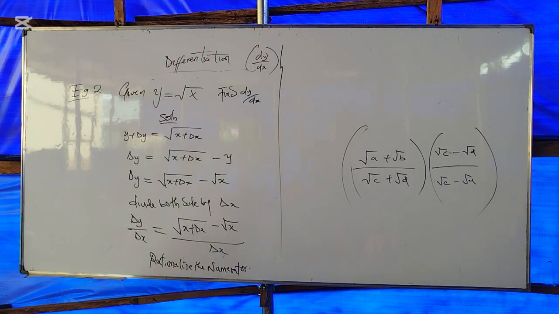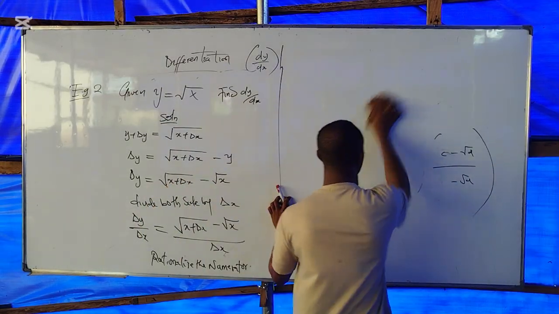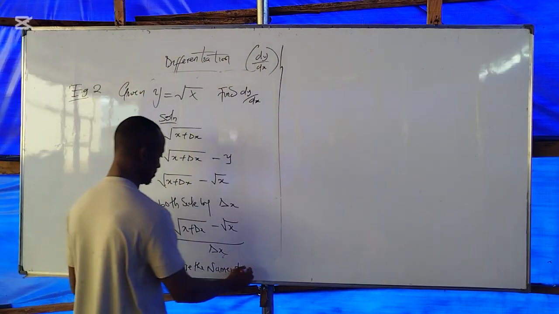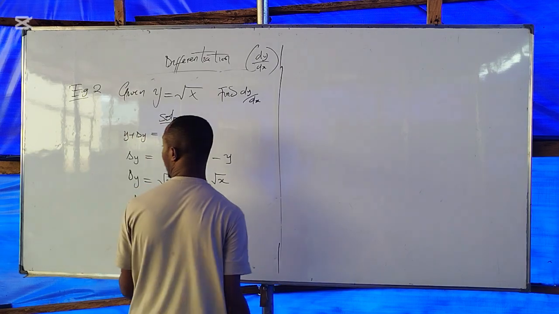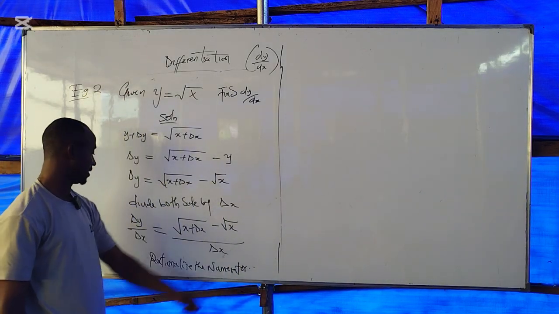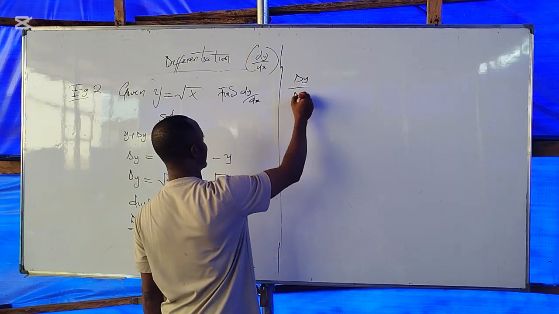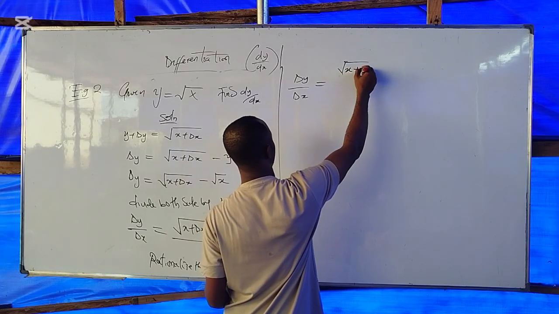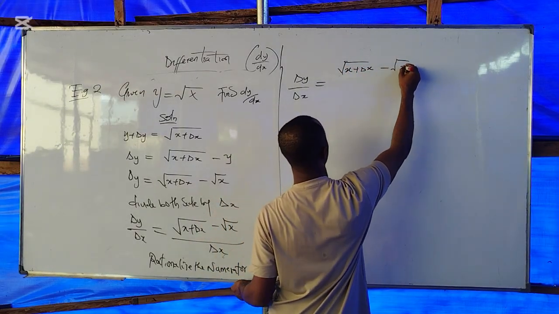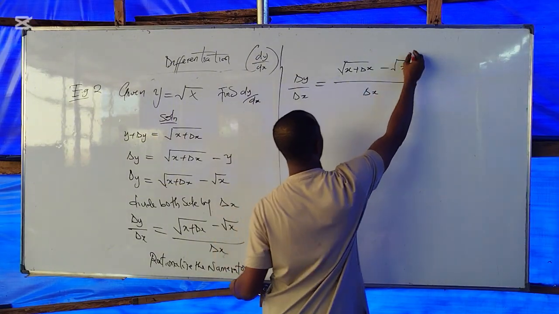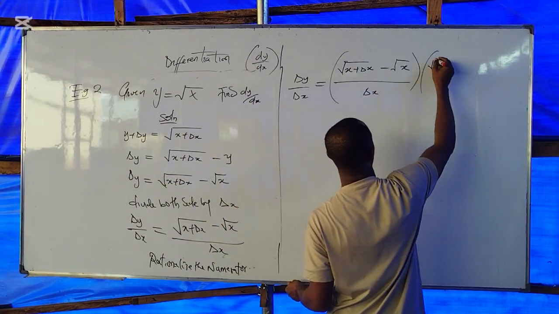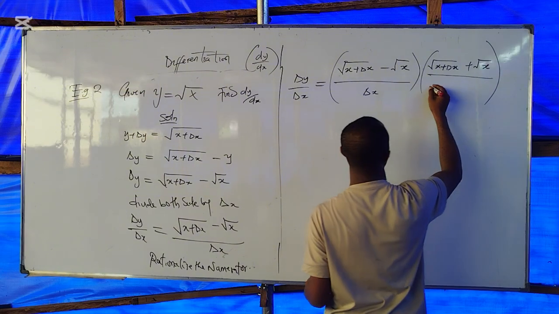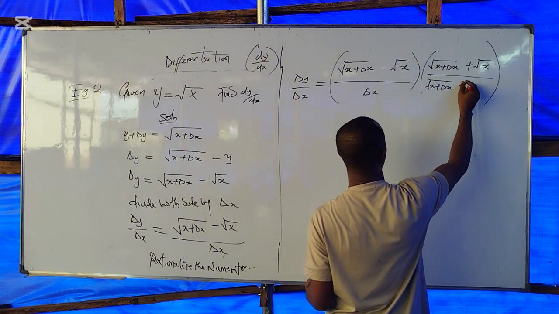So the next thing we have to do is rationalize the numerator by multiplying by the conjugate of the numerator, in both numerator and denominator. So our delta y over delta x becomes root of x plus delta x minus root x over delta x, multiplied by root x plus delta x plus root x, divided by root x plus delta x plus root x.